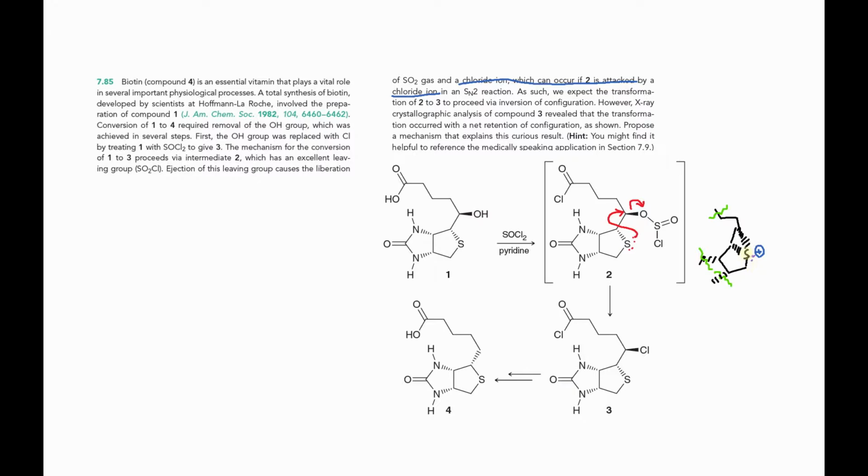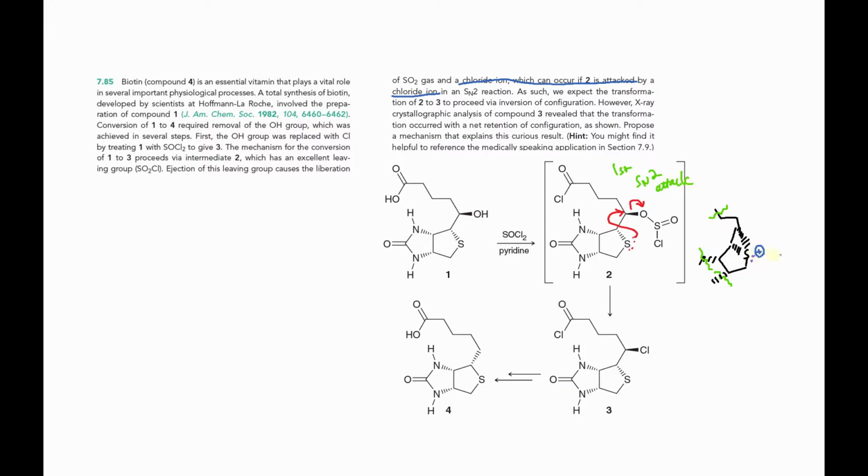Sulfur is group 6, and we have 3 bonds with 2 electrons as a lone pair. So 6 minus 5, we have +1. So that's our first SN2 attack.